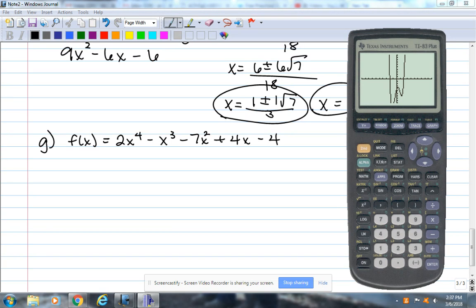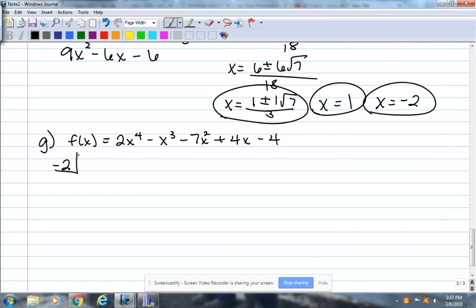Does that make sense? So what we're going to do is find the real ones, which look like -2 and +2. I'm going to start with -2. Divide synthetically. I like saying that because it makes you feel smart. -2 times 2 is -4.